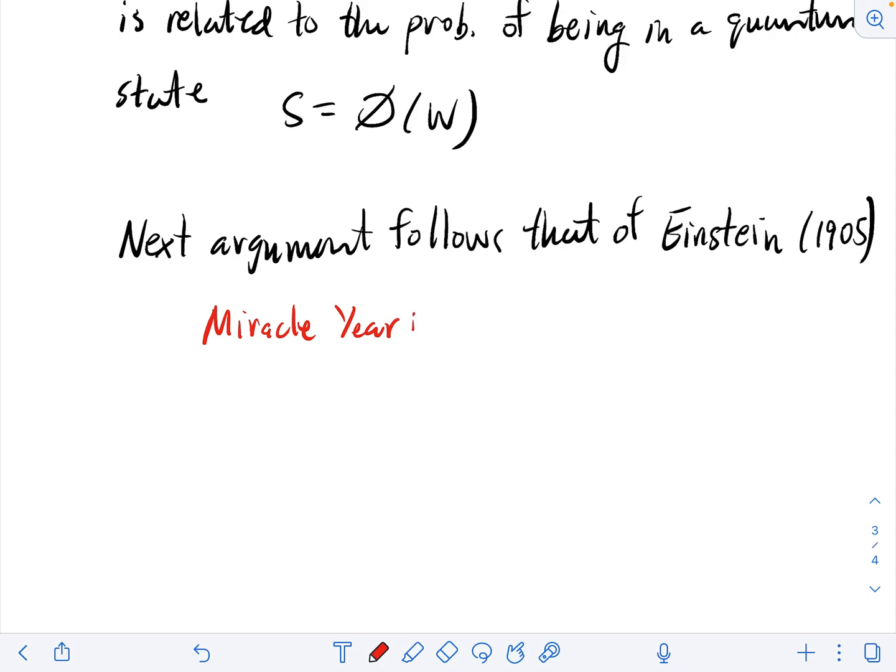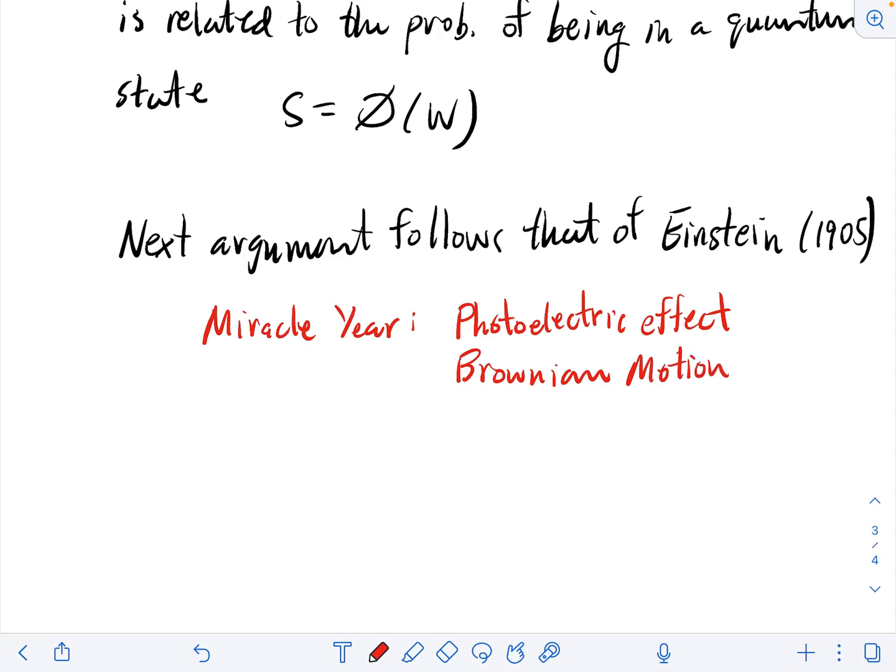It's because in 1905 he published 4 revolutionary papers. One of them explained the photoelectric effect. Another was a theoretical understanding of Brownian motion. A third was his theory of special relativity.